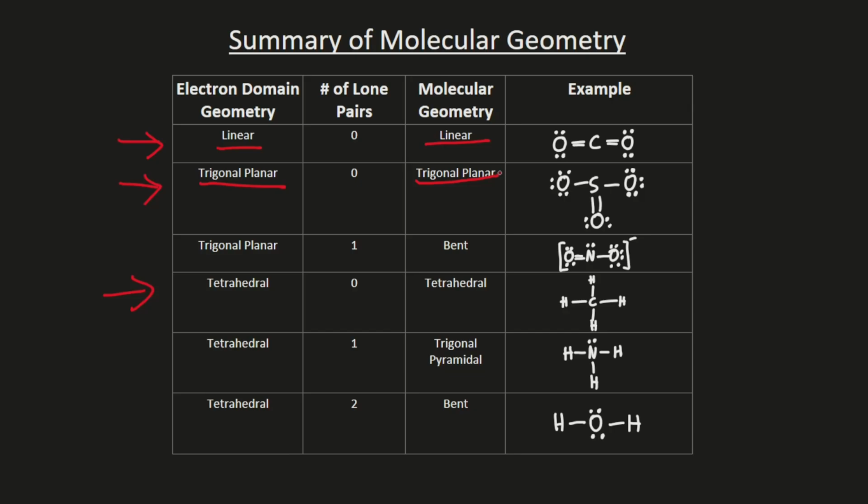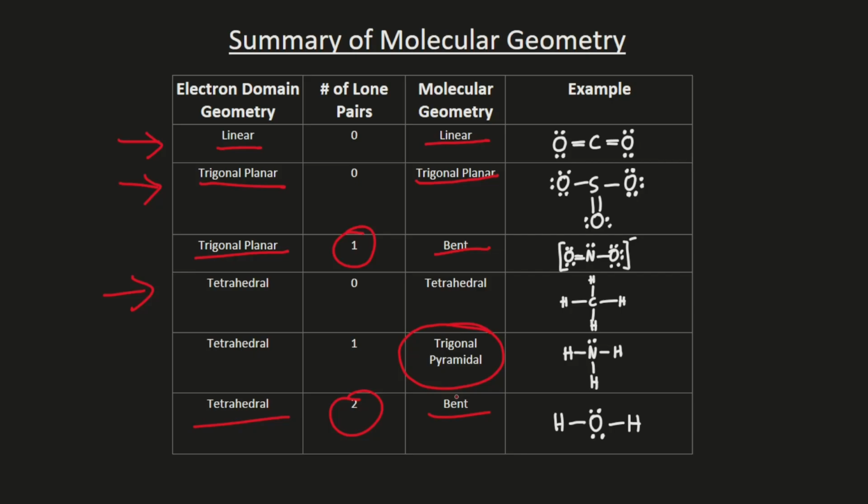If a molecule's electron domain geometry is trigonal planar and there is one lone pair, its molecular geometry is bent. If the molecule's electron domain geometry is tetrahedral and has two lone pairs, its molecular geometry is also called bent. And then there's also the trigonal pyramidal case that you have to remember.